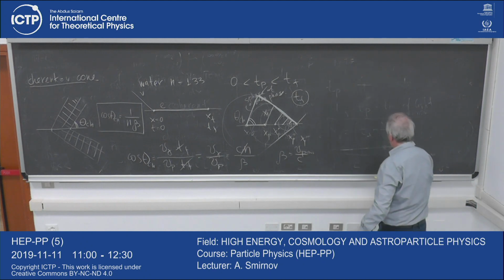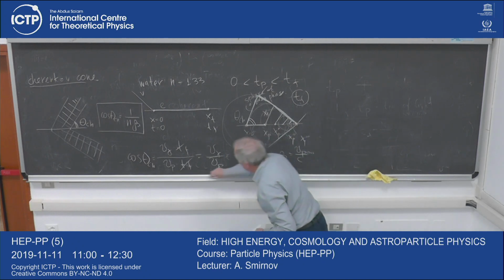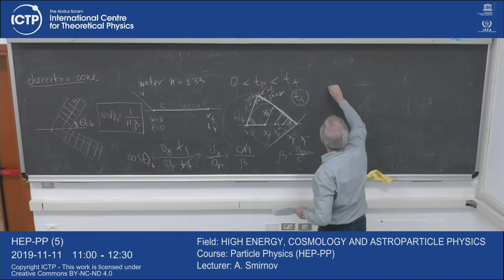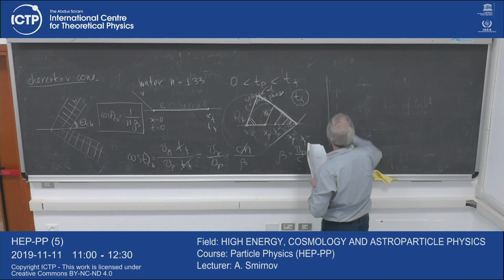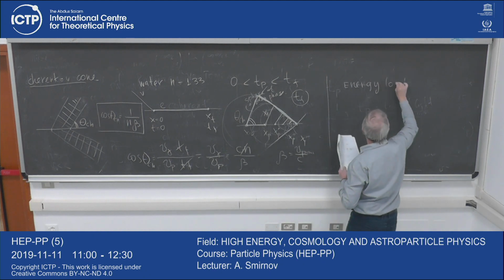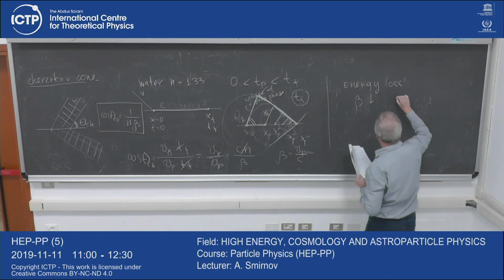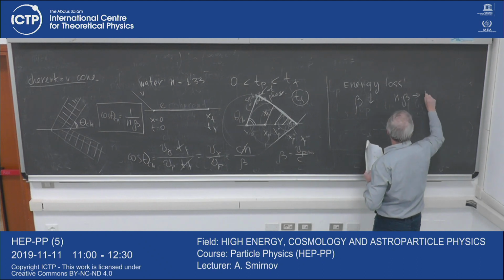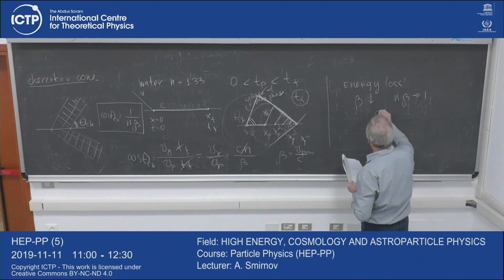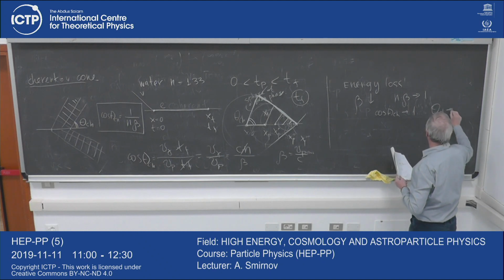So if the track is long enough, then because of energy loss, beta decreases, and this n times beta approaches 1, and therefore the cosine approaches 1, and theta Cherenkov approaches 0.